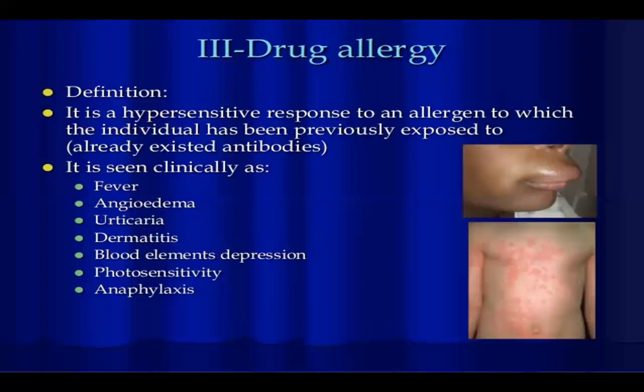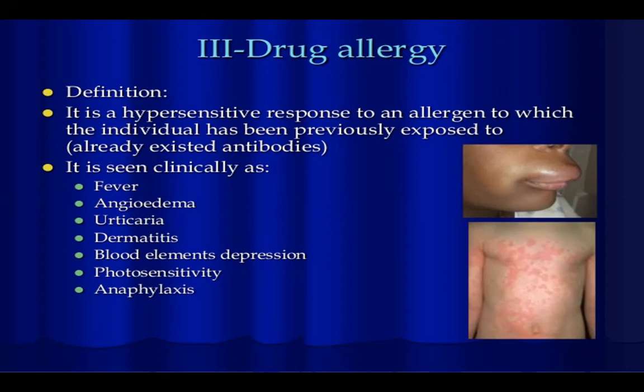Similarly, drug allergy can happen when drugs are applied. It is a hypersensitive response to an allergen to which the individual has been previously exposed, so antibodies already exist. Clinically it produces fever, angioedema, swelling of the face, urticaria, dermatitis, blood element depression, photosensitivity, anaphylaxis.